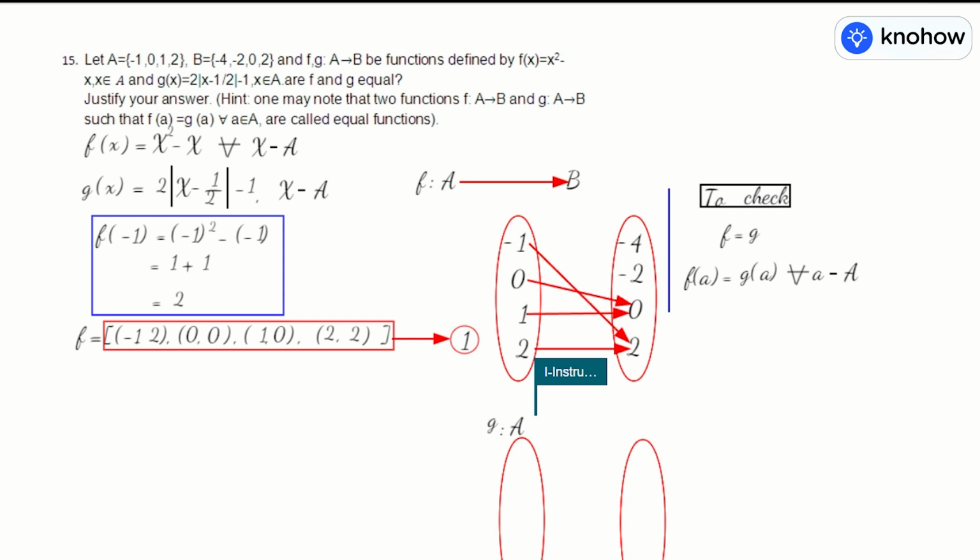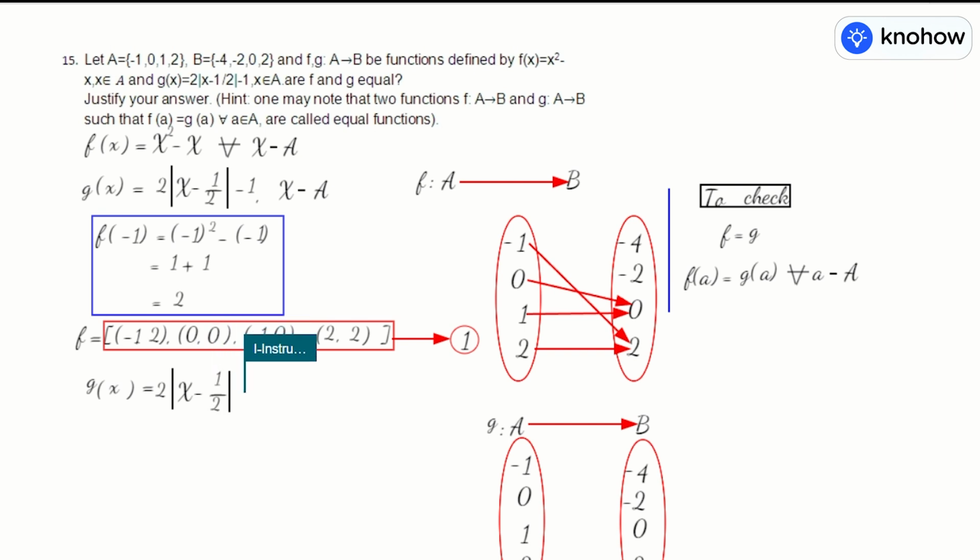Again from set A to B. The elements of set A are -1, 0, 1, 2. And the elements of set B are -4, -2, 0 and 2. And how is the function defined? g(x) is defined as 2|x - 1/2| - 1.